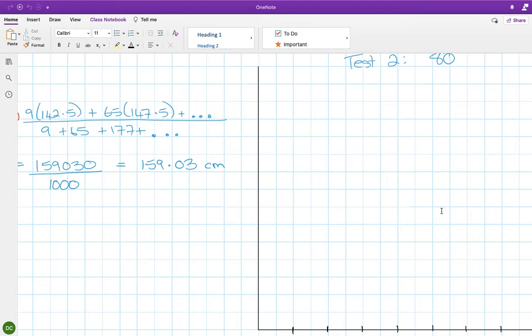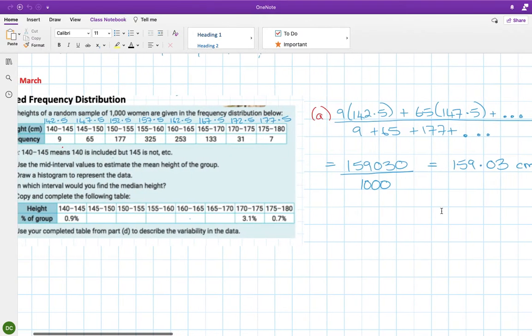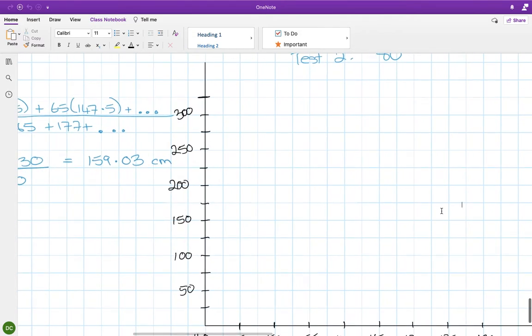So 25, 50, 75, 100, 125, 150, 175, 200, 225, 250, 275, 300, and then 325. And what is this? The number of women, or you can just do frequency.